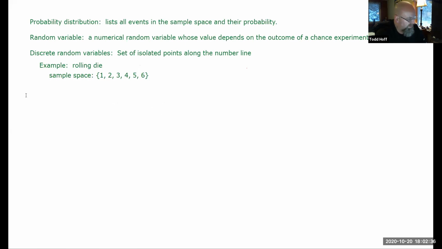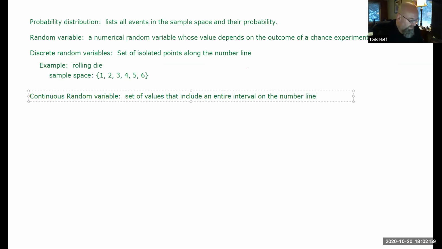A continuous random variable is, of course, a set of values that include an entire interval on the number line.